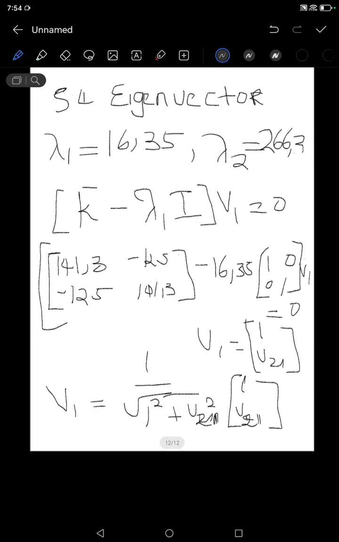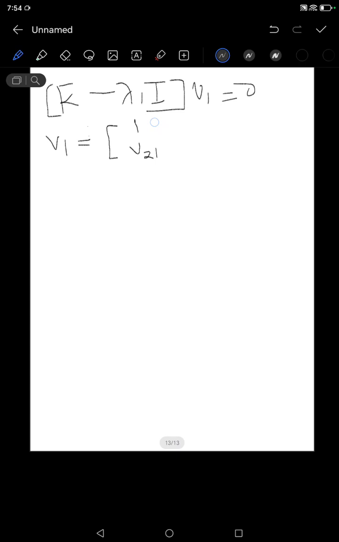Let me just rewrite it. Remember, we are using this formula, lambda 1 I, V1 equals 0, and I said we write V1 in a vector form, 1 v21. We can write v22 or v11, it's up to you.